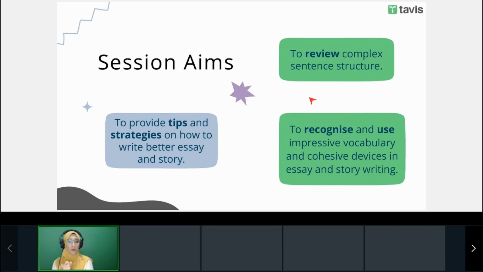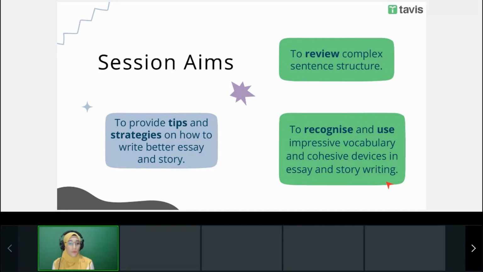We covered simple, and we also covered compound sentences. So today we are going to look at complex sentences.